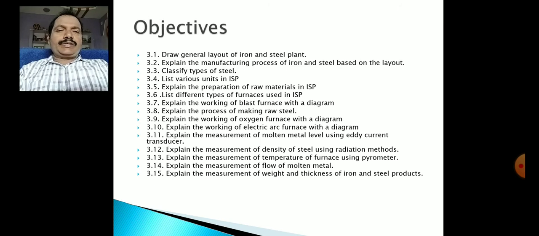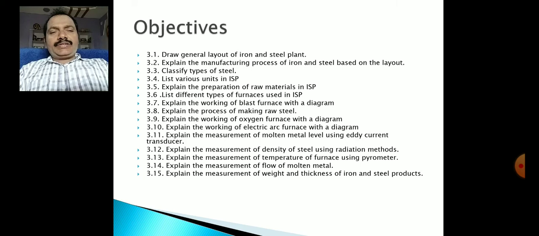In today's class, we discuss different types of furnaces used in iron and steel plant, and a blast furnace working and making of raw steel, and working of basic oxygen furnace with a diagram, and electric arc furnace with a diagram we discussed today.